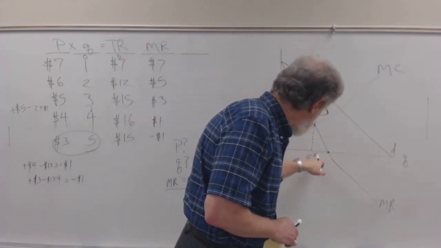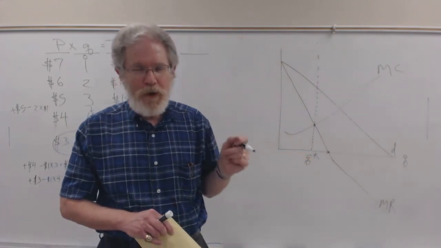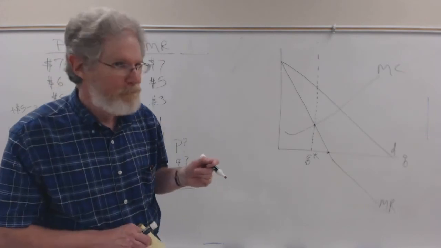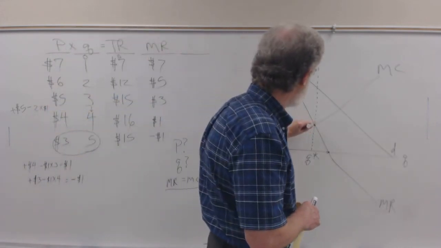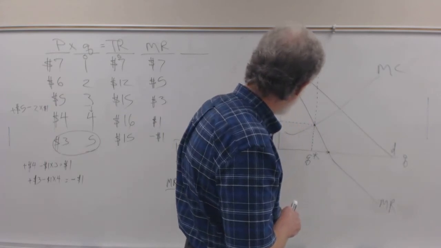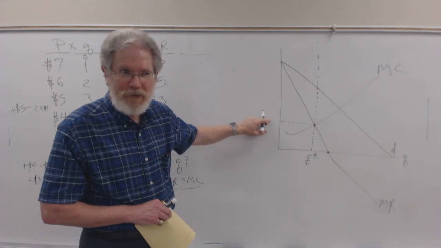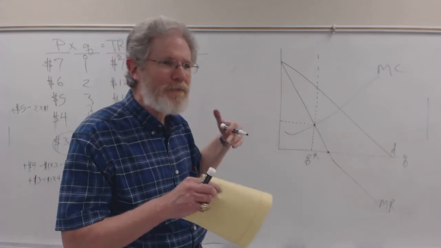If he wants to produce this quantity, what price is he going to charge? Is he going to charge a price shown here? No. I'll warn you, this is the mistake people often make.